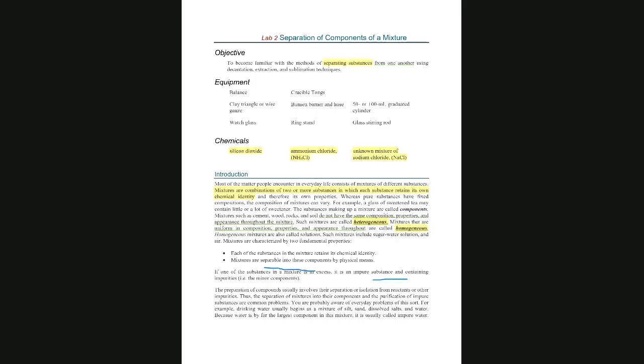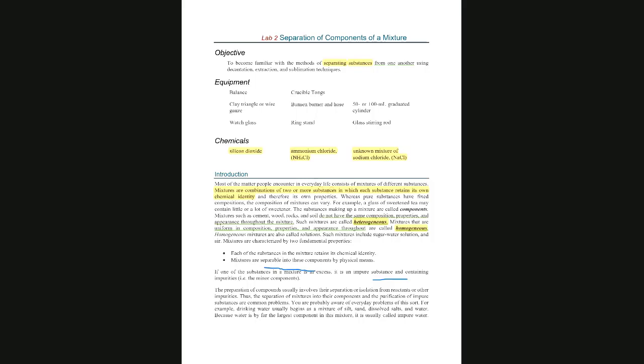Okay, good. So here there are 2 bullets in this experiment that they want to point out that are important concepts. One, we already talked about it. Each substance in the mixture retains its chemical identity. So when we separate them, we are going to have the 3 of them with the same chemical identity, no chemical change.